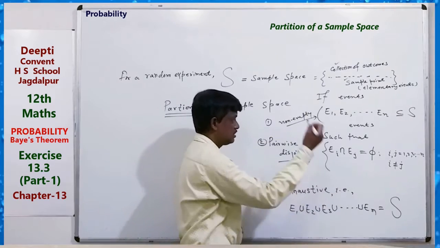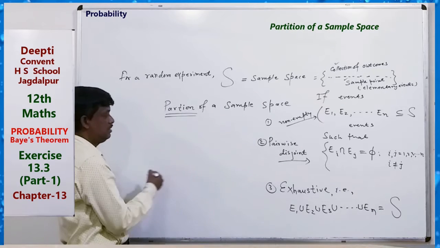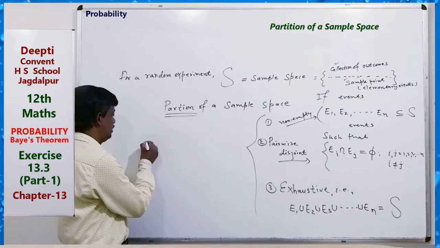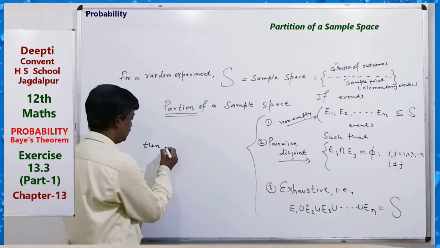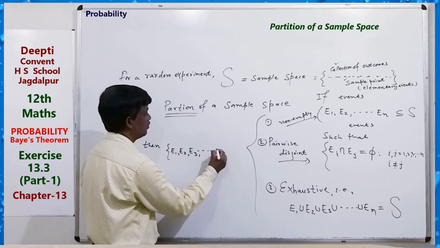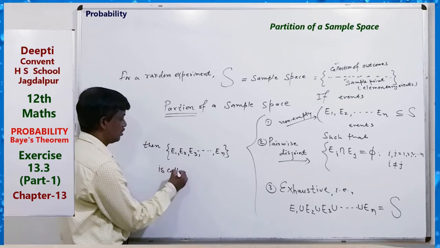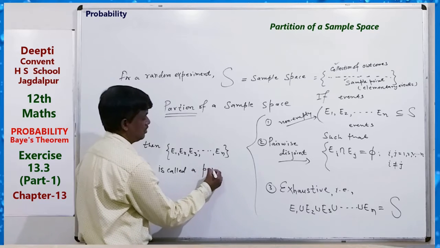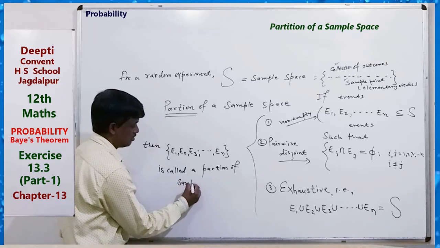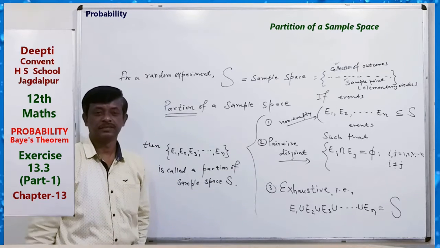If these three conditions are satisfied, then the events E1, E2, E3 up to En are called a partition of the sample space S. So this is the partition.